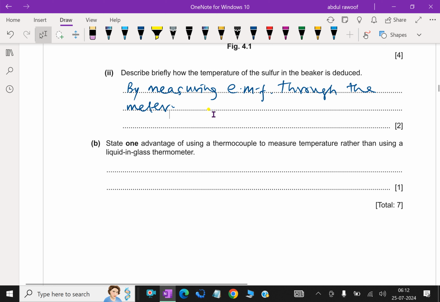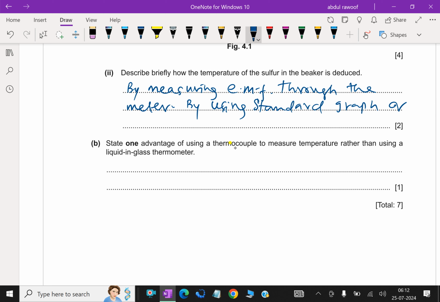By using a graph, for a particular voltage we know how much the temperature is, from the basic graphs. So by using a standard graph or table, we can measure the temperature.